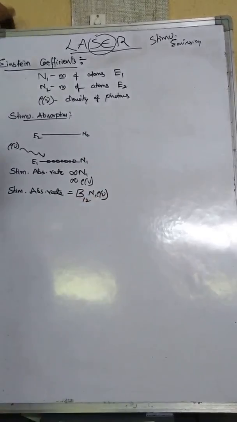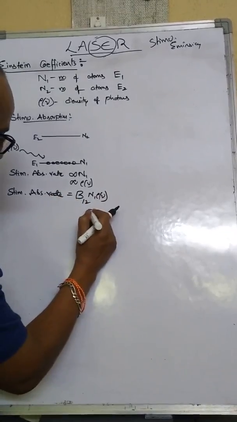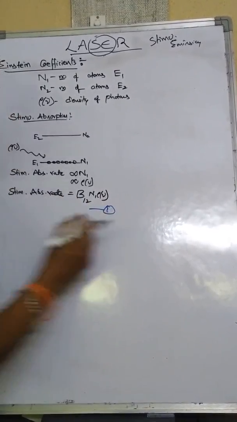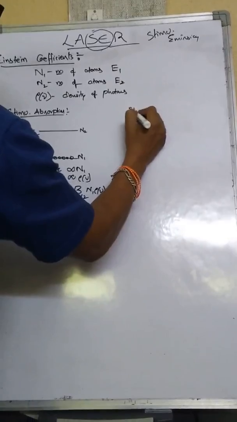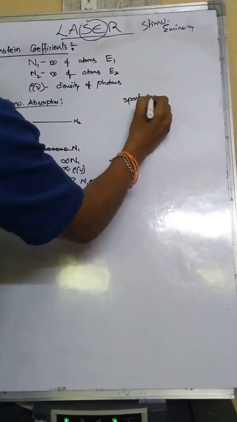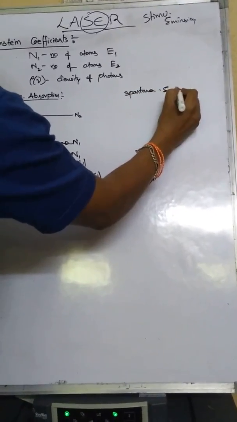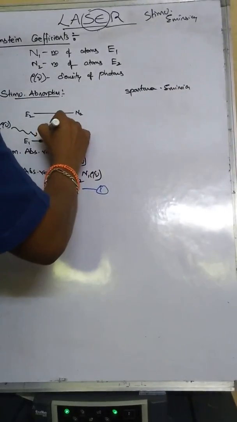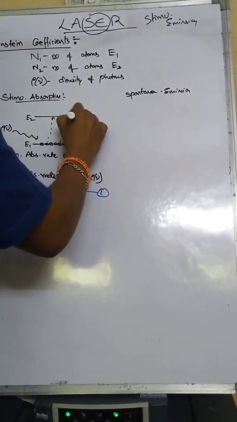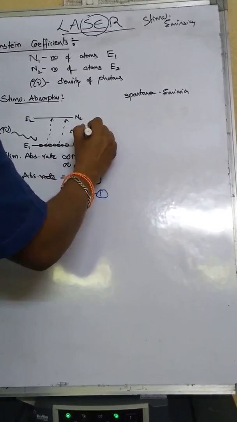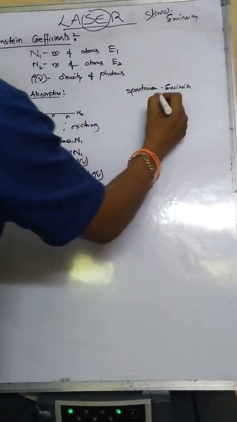I called this equation 1, and after that we went to spontaneous emission, where the ground level atoms will be excited to the higher energy level, which I call exciting.